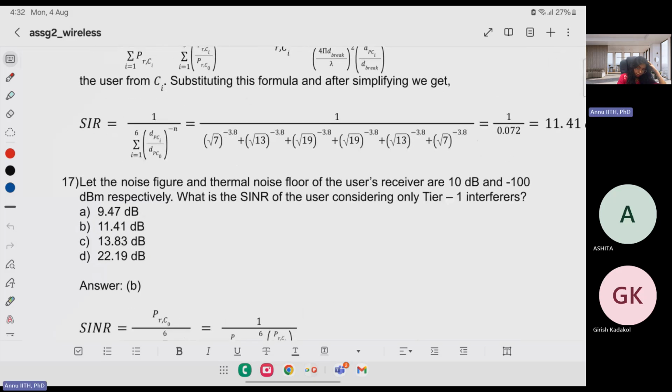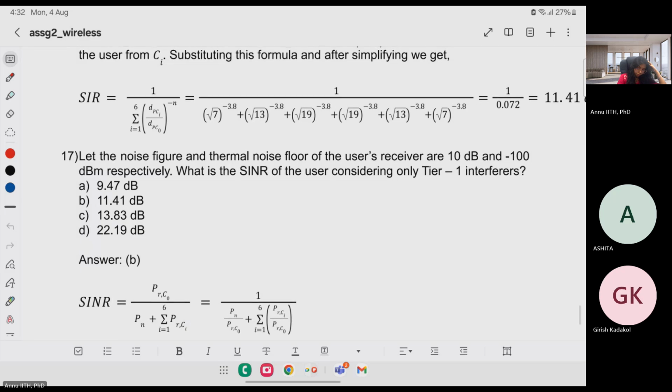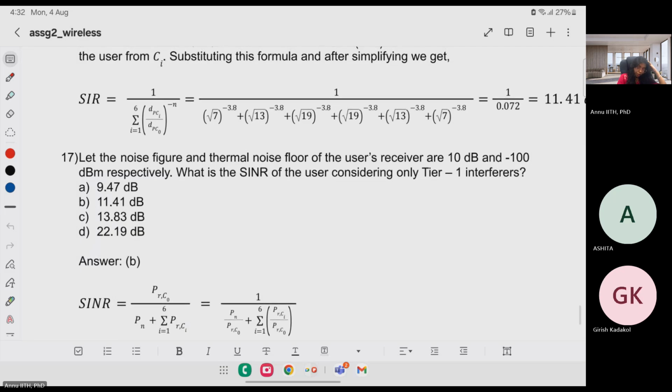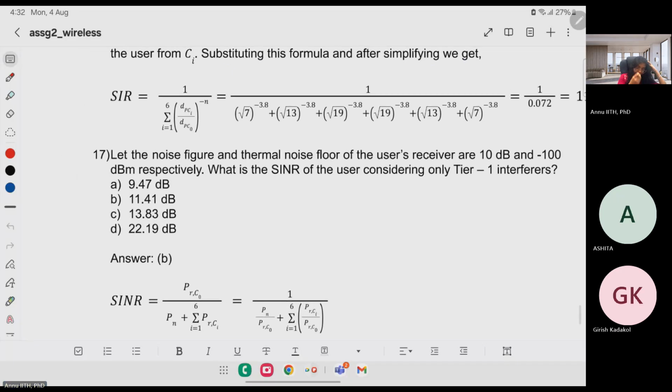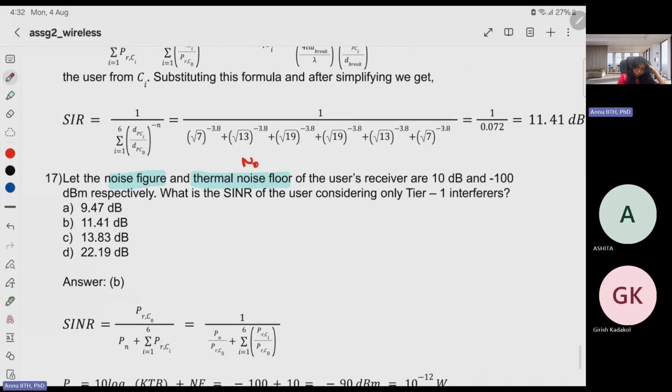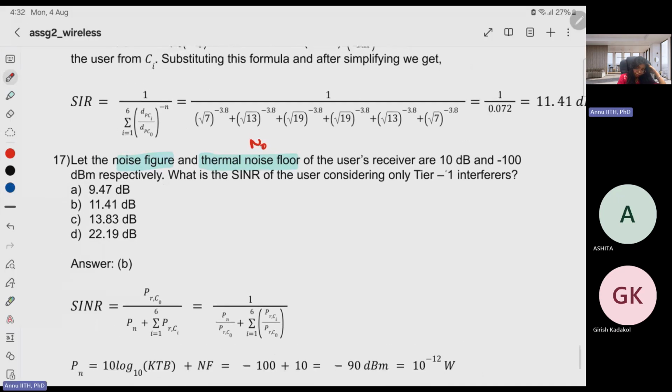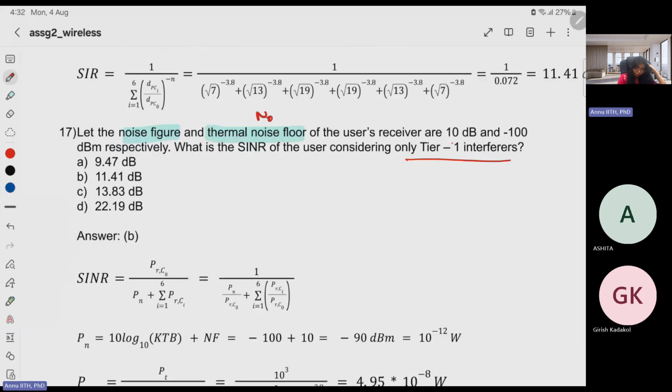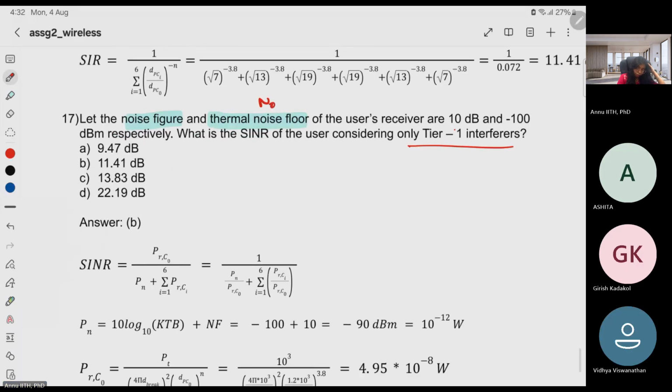This was the question. Let the noise figure and thermal noise floor N0 of the user's receiver be 10 dBm and minus 100 dBm. What is the SINR of the user configuring tier 1 interference? So P of receiver C0, we have taken as 1.